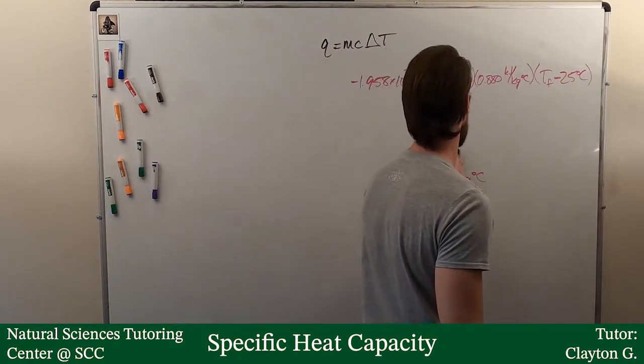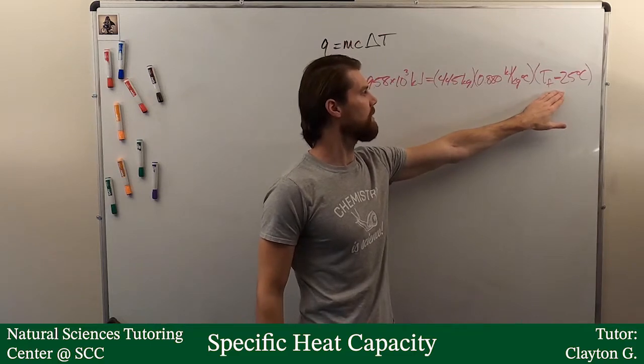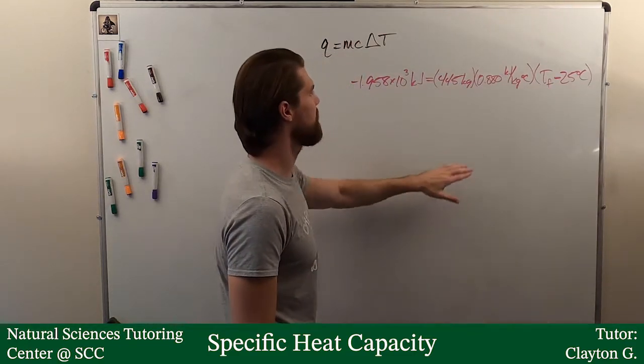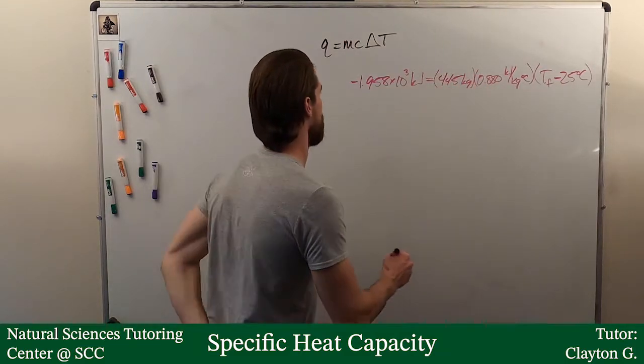What do we have to do to solve this thing? Our goal is to isolate our T final. So the first thing I'm going to do is divide out these two elements here, okay?